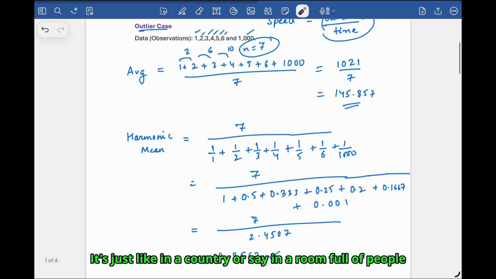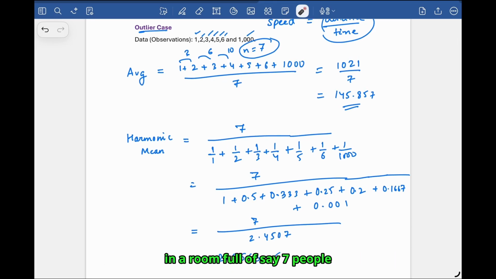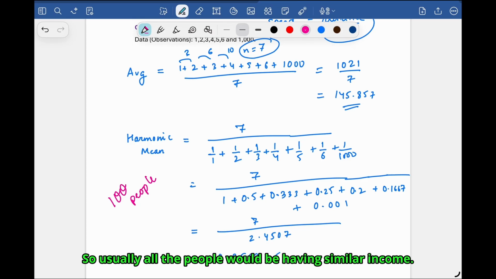It's just like in a room full of, say, 7 people or 100 people, you'll be better able to understand what I mean. In a room full of 100 people, each would be earning their income. Usually all the people would have similar income.